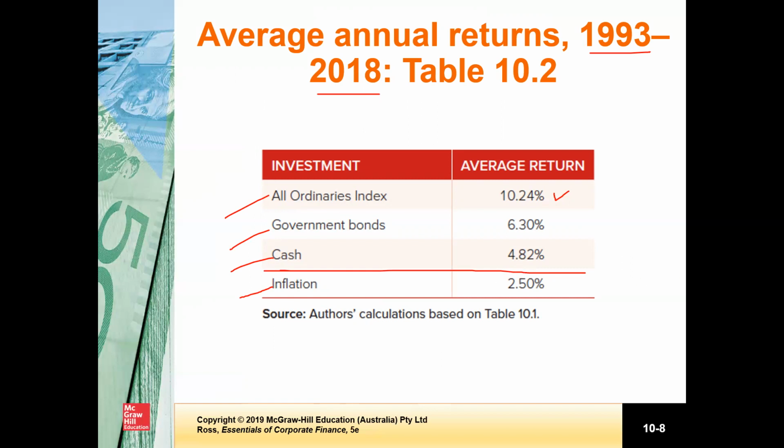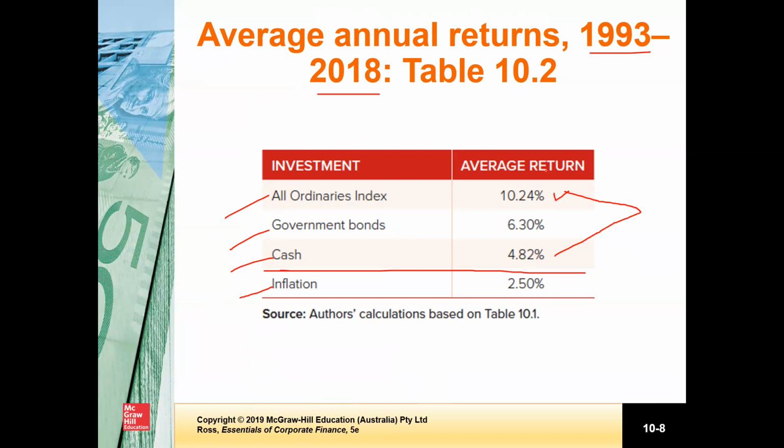Now, one particularly interesting comparison involves the virtually risk-free return on investment and a very risky return on investment. You can see that the rate of return in an almost risk-free investment is 4.82, and the rate of return from a very risky investment, the All Ordinaries Index, is 10.24. So essentially, the difference is about 6%.